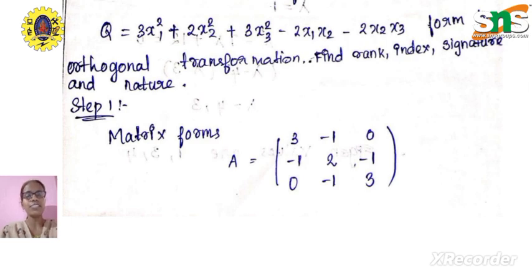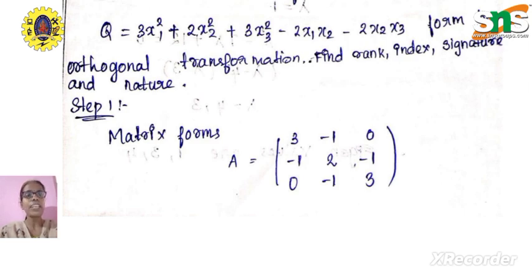You can consider the first row as x1, second row as x2 and third row as x3, and similarly the columns as x1, x2, x3. Now x1x2 means first row, second element, and that element should be minus 1. And x1x2 and x2x1 both are minus 1. We don't have any difference between these two terms.